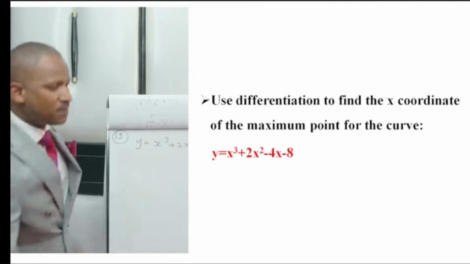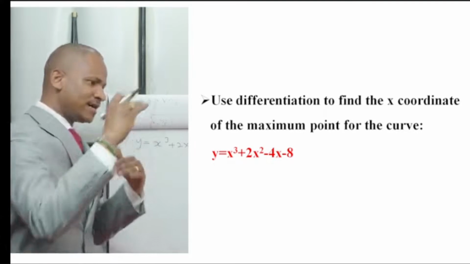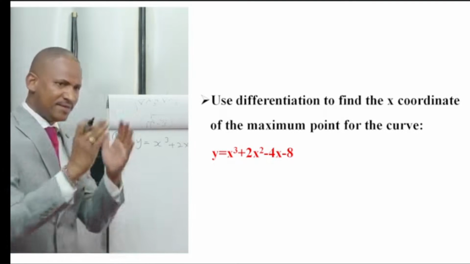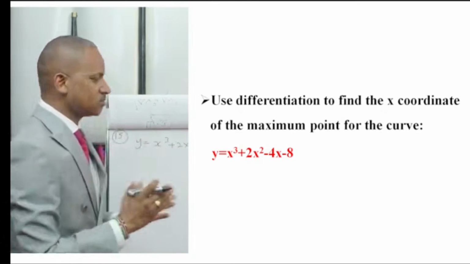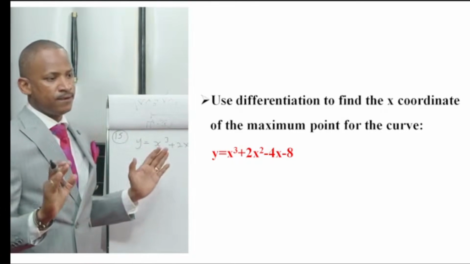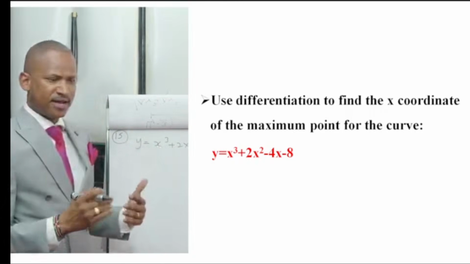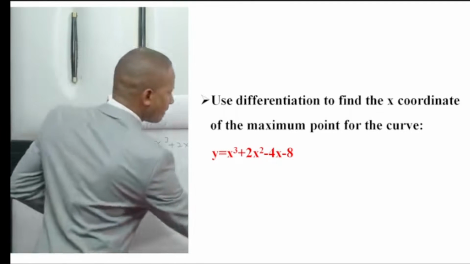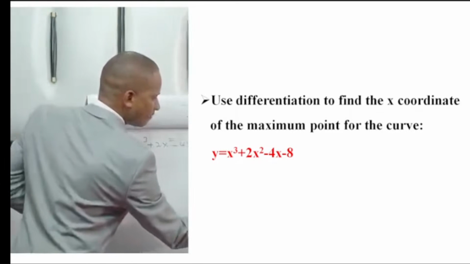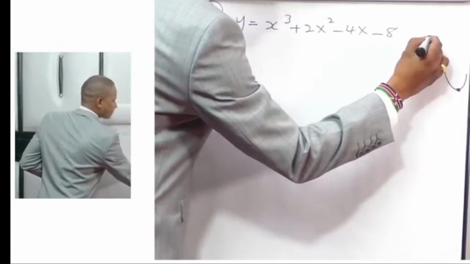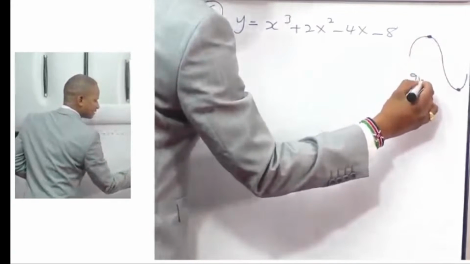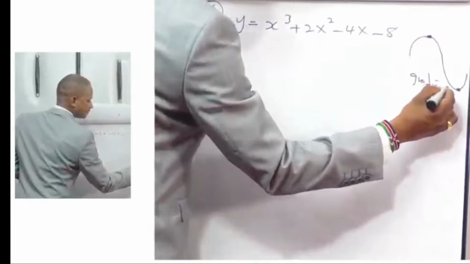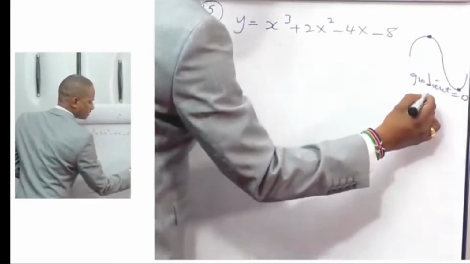So at maximum point and at minimum point, dy/dx is equal to 0. The gradient at that point equals 0.